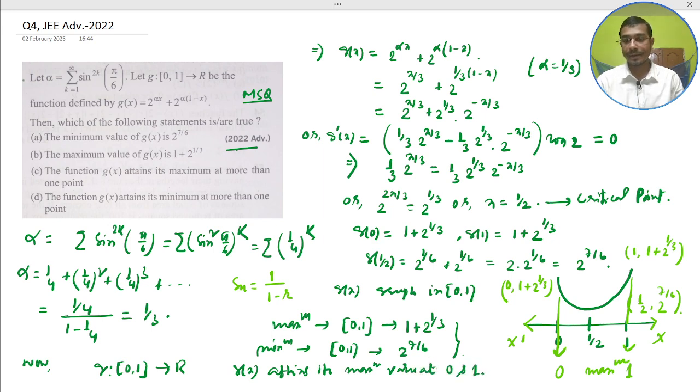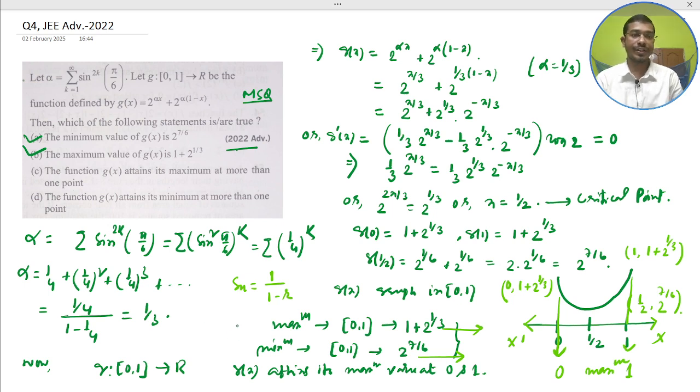at 0 and 1. So tell me which options are the correct. A should be correct. The minimum value of gx is 2 to the power 7 by 6. We just get here. And B should be the correct. The maximum value, this one, 1 plus 2 to the power 1/3.